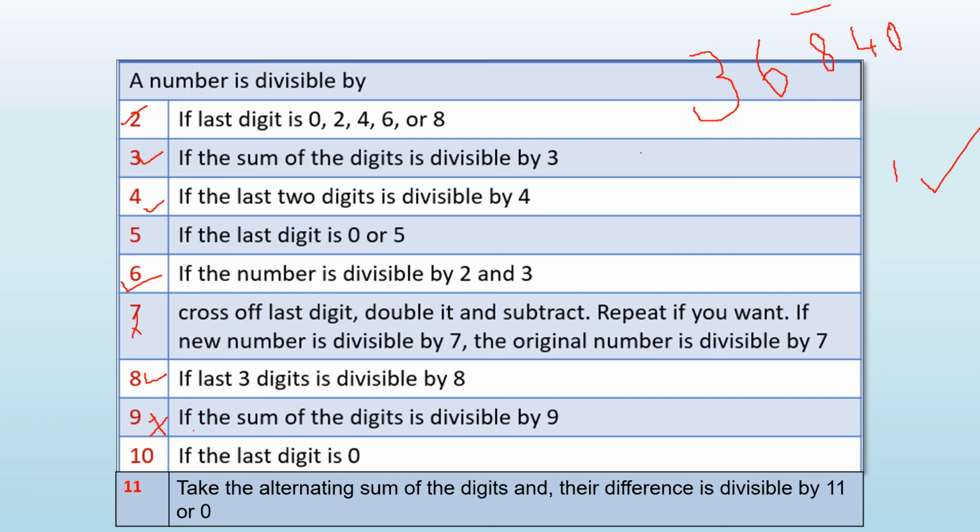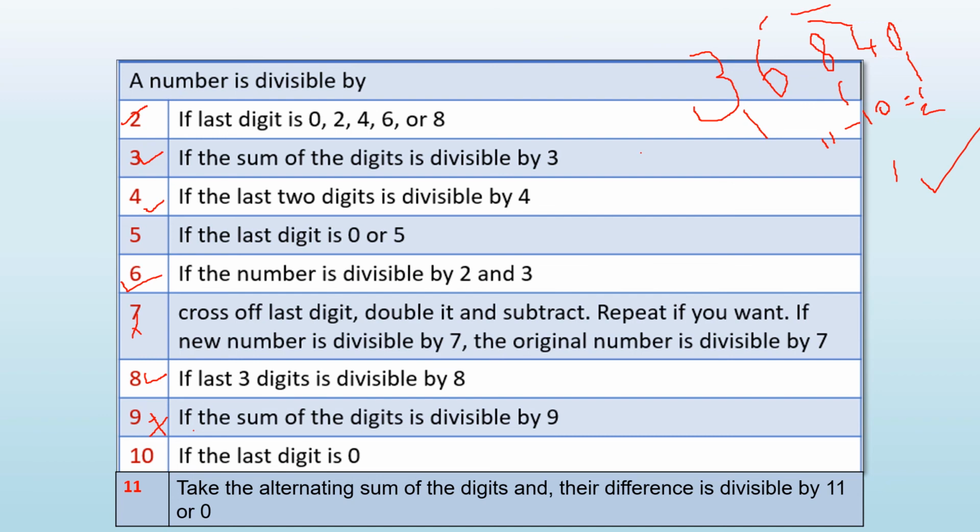Next, we will move on to 11. For the divisibility rule of 11, you have to take the alternating digits. The alternating digits are 3 plus 8 plus 0, that is 11. Minus the other two digits, 6 plus 4, that is 10. So, 11 minus 10 is equal to 1. So, this rule is also not satisfied.